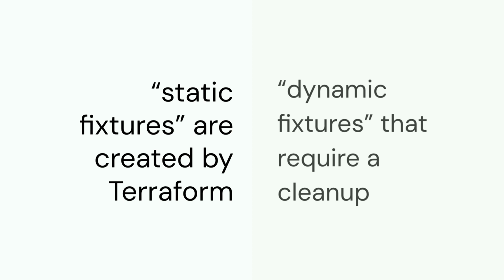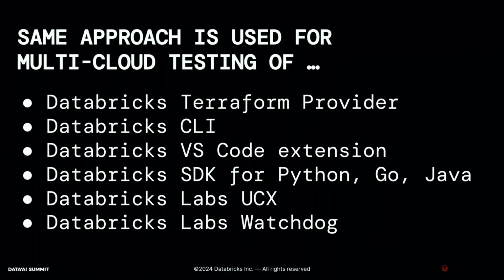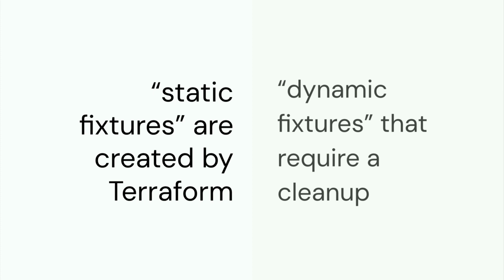Those strange things were like provision Azure Databricks Workspace with Terraform and a couple of clusters inside of it and wait for 25 minutes for it to happen, just to run one Databricks job that runs for 75 seconds and then shut everything down. Well, that's a very strange thing. Don't do that. Have static fixtures that you pass down to your integration tests through environment variables, and then have dynamic fixtures created by PyTest.